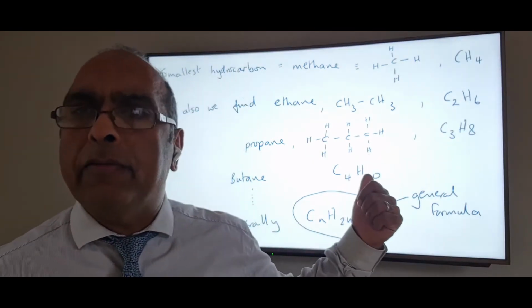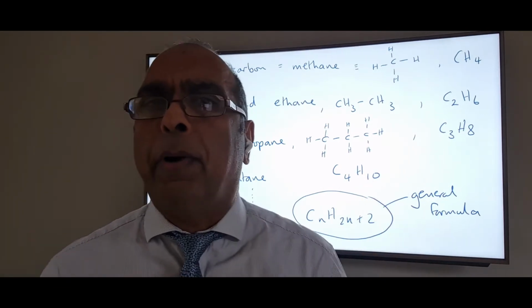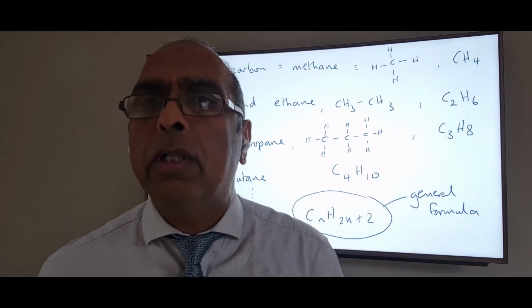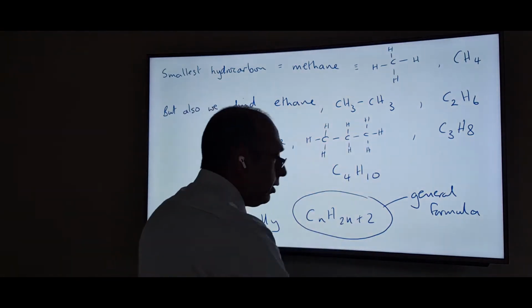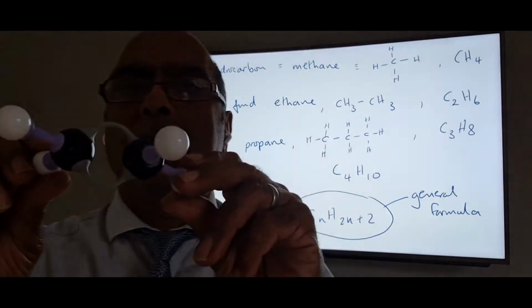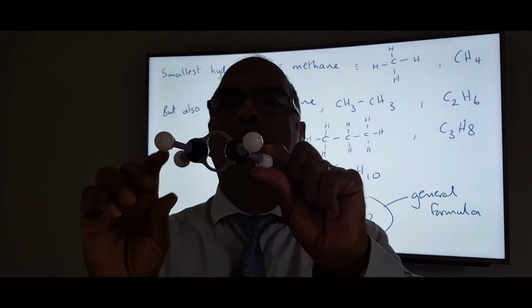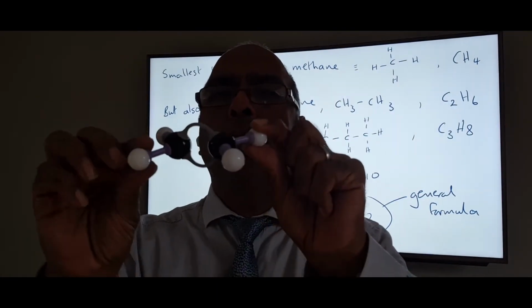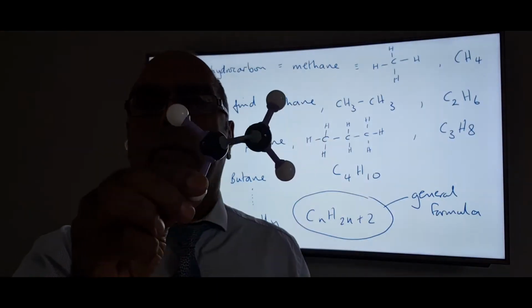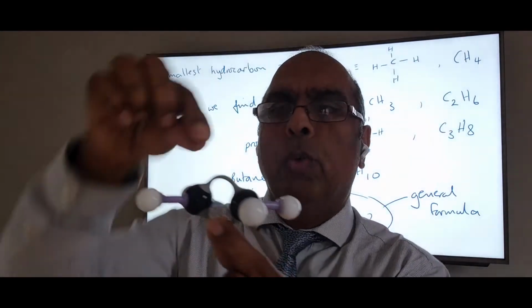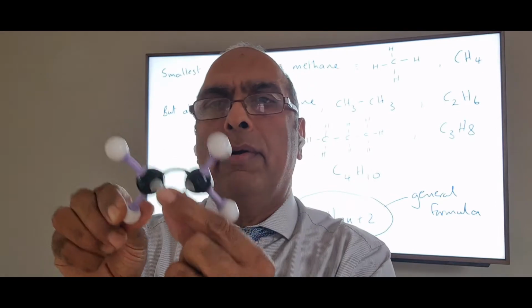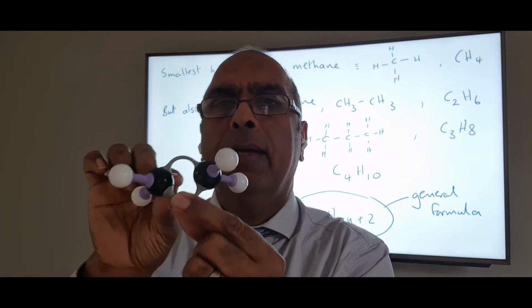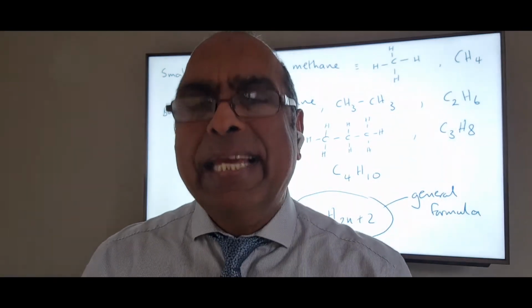Now, what's unique about this one is that all the bonds are single covalent bonds. Each one of these is a single covalent bond. You don't have any of these. Now this, what I've got here, is a double covalent bond. It's a carbon with 2 bonds between them. When you have a double carbon bond there, they're called alkenes.